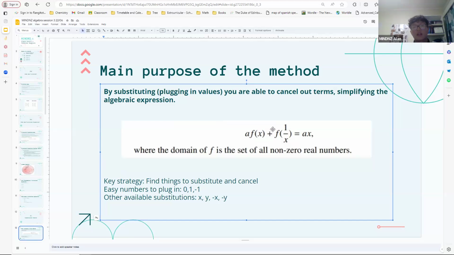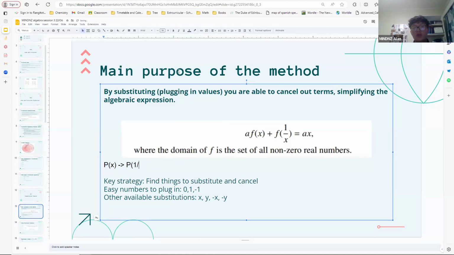It's the 1 over x, right? So one substitution that's not just plugging in 0, 1, or -1 is plugging in things related to x, such as x equals 1 over x. Or we can write p x turns to p 1 over x, which is the proper notation.